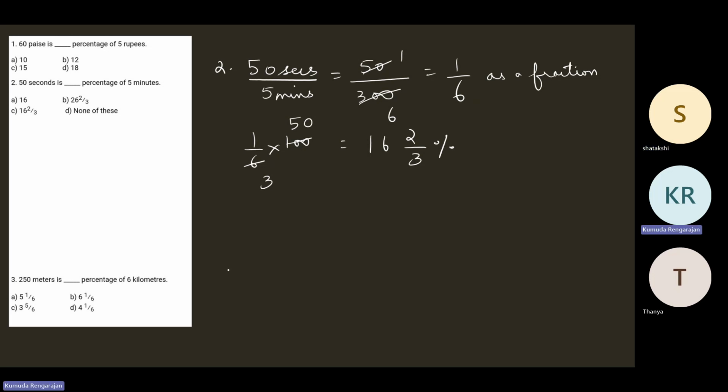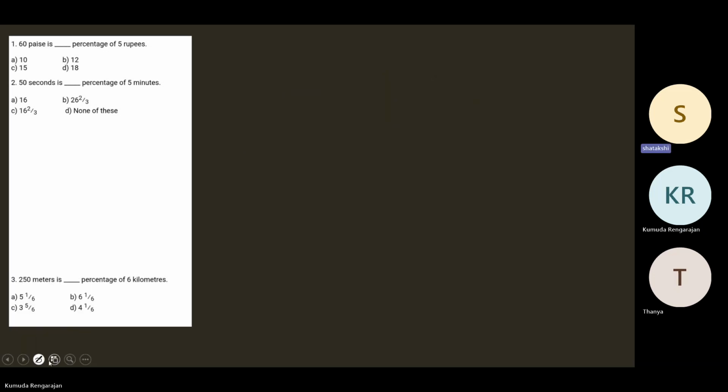I don't know if you worked with understanding or not. So it is like this. It is 50 seconds out of 5 minutes. When you do that, you'll get the fraction. And when you multiply the fraction by 100, you'll get the percentage. Yes, ma'am. Okay.